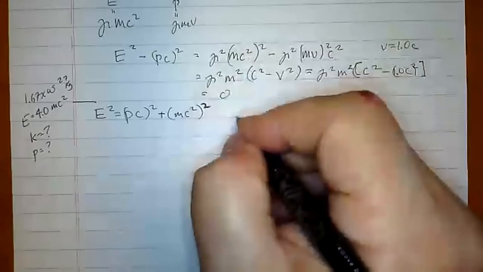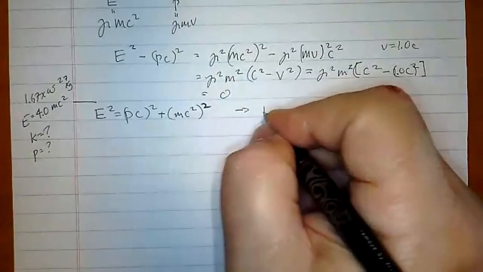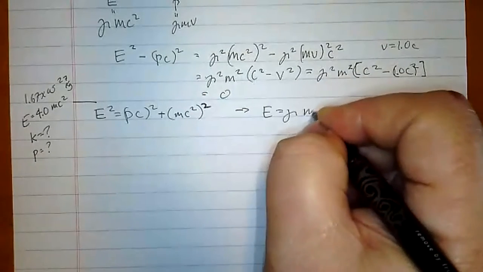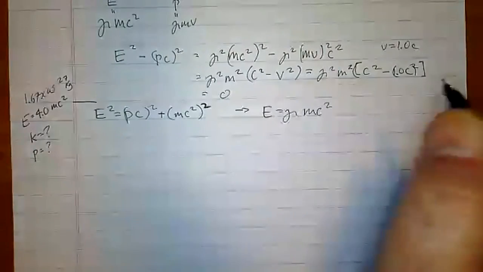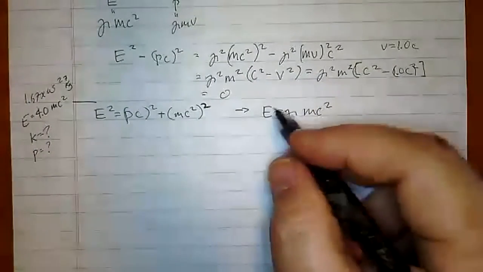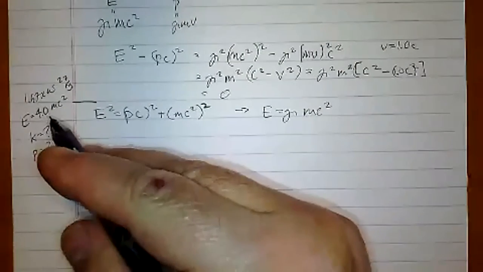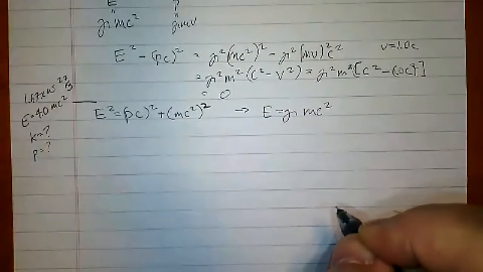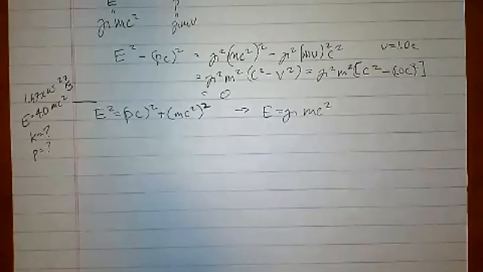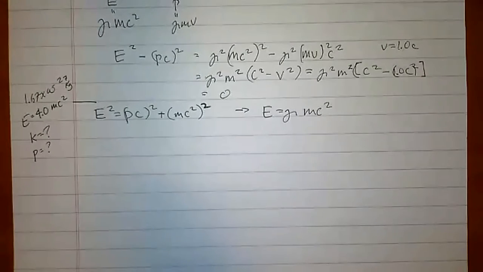The more important one here is E is equal to gamma MC squared, because they said E is 4.0 MC squared. What is that 4.0 equivalent to? Your gamma, correct.